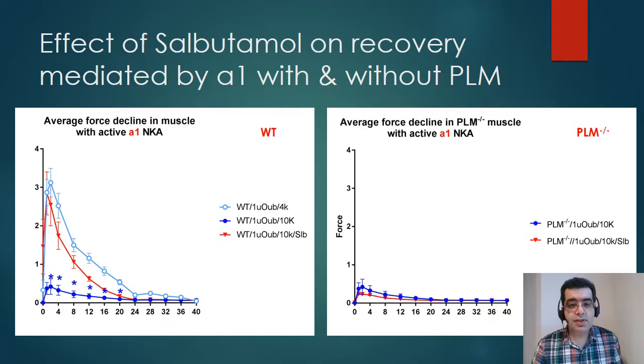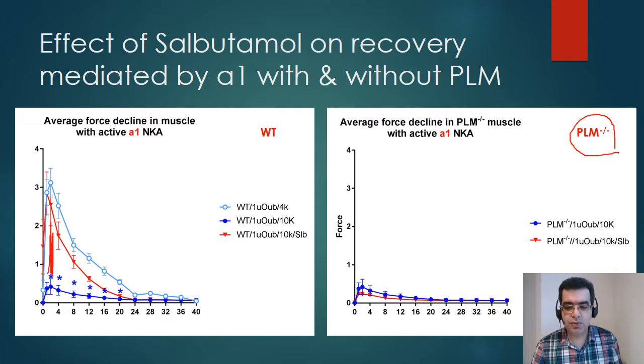As we discussed before, the effect of salbutamol on alpha 1 is very significant. But when I did the same protocol on the phospholemman knockout mouse, as you see in the right figure here, the effect of salbutamol completely disappeared.